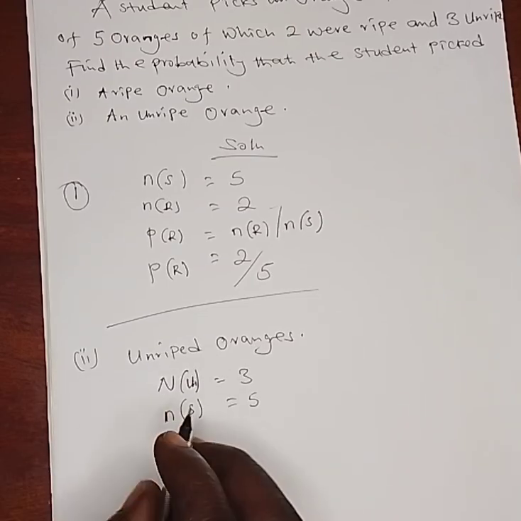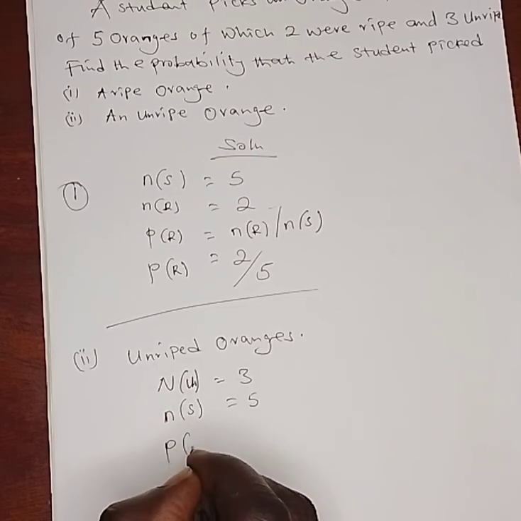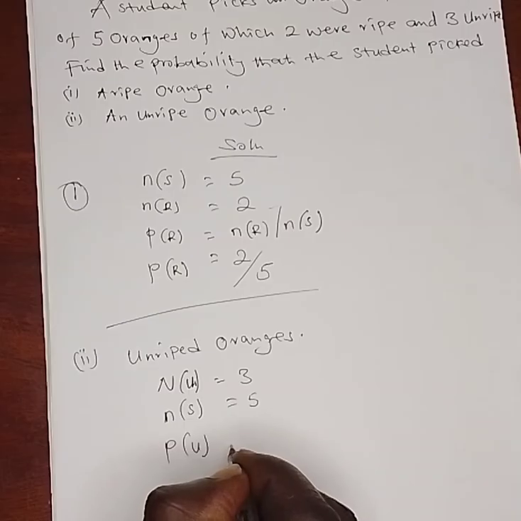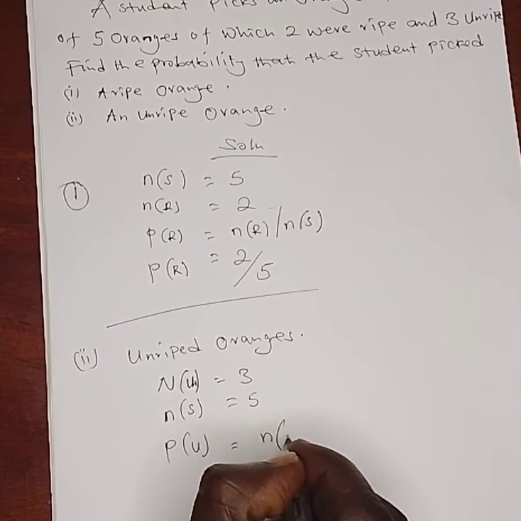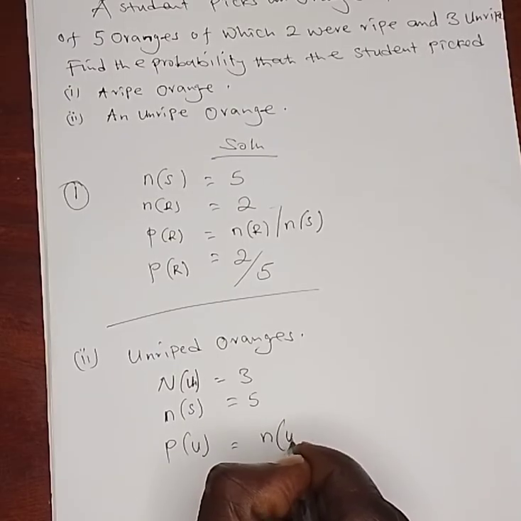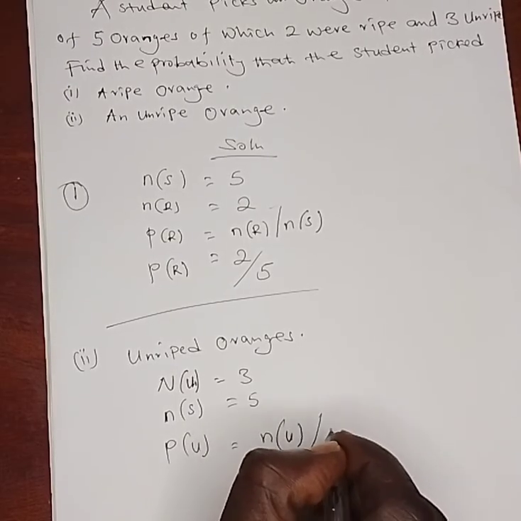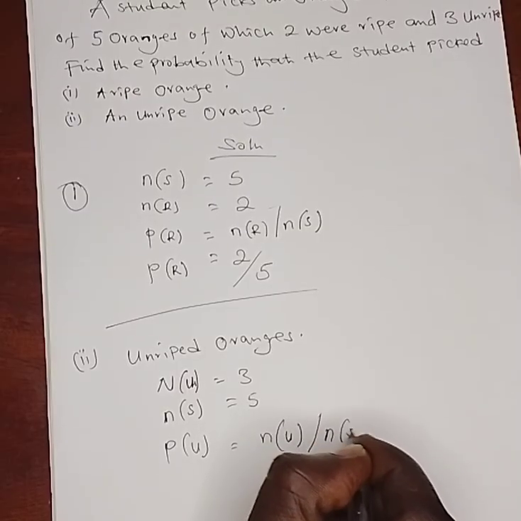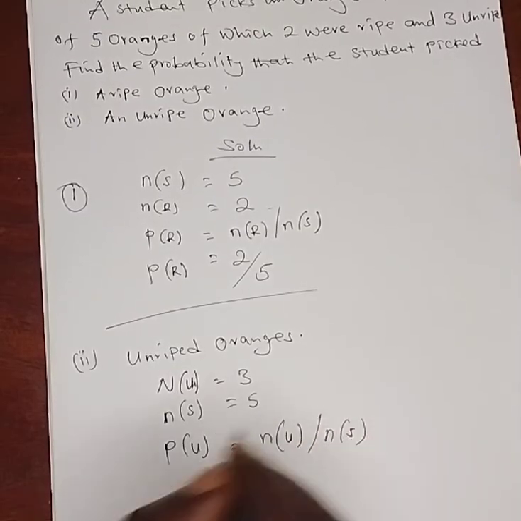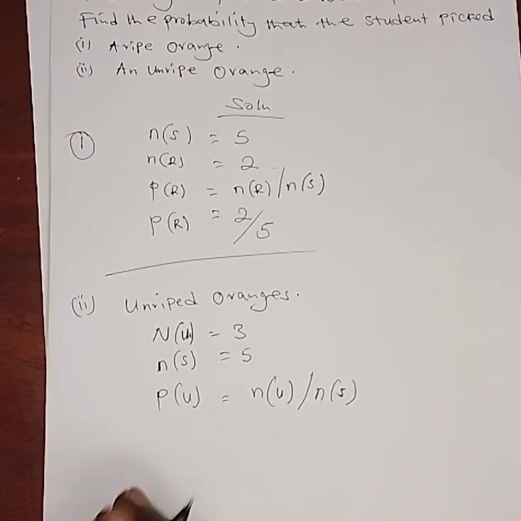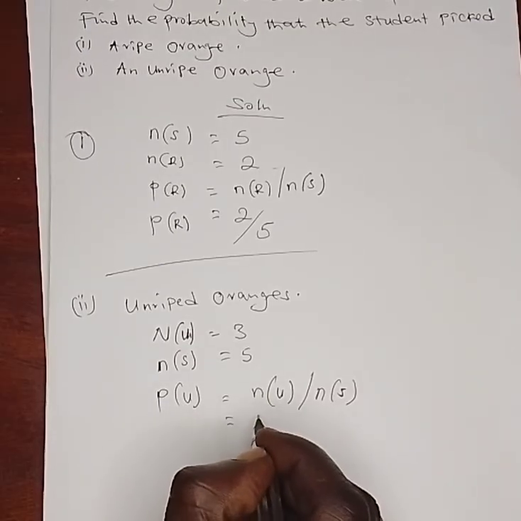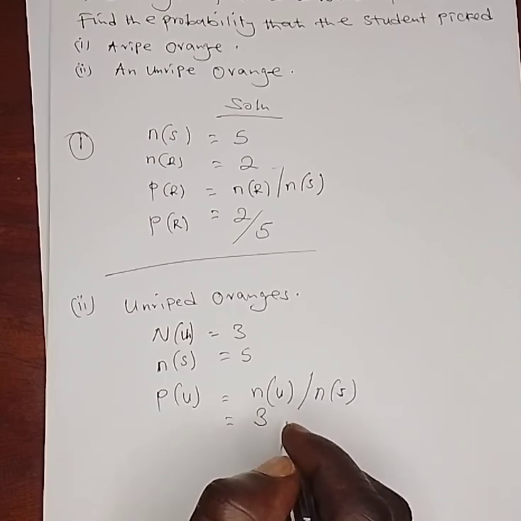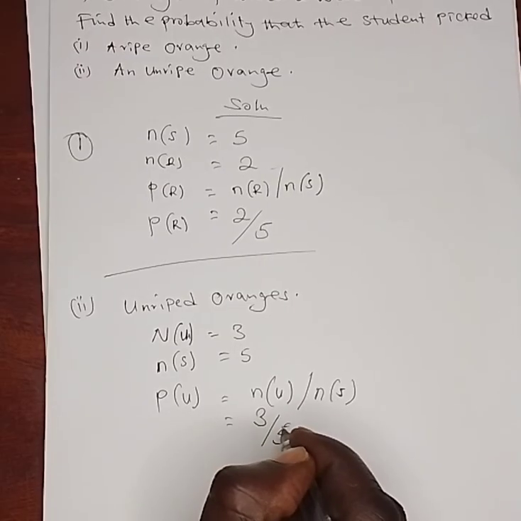So the probability that a student picked an unripe orange is equal to the number of unripe oranges in the basket divided by the number of samples, the total number of oranges in the basket. The unripe oranges were 3, and the total number of oranges was 5.